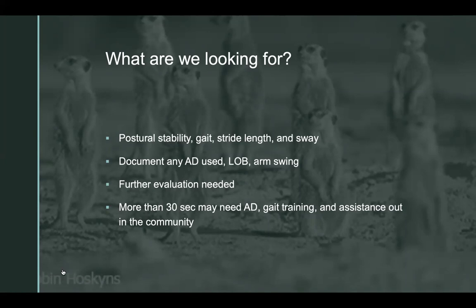Whereas if a patient takes more than 30 seconds to complete the 3 meter walk test, they may need an assistive device if they're not using one at the moment. You may also want to work on gait training, as well as them needing assistance once they're out in the community.